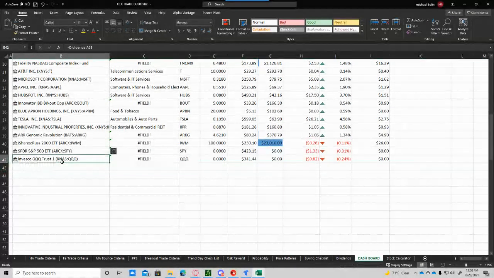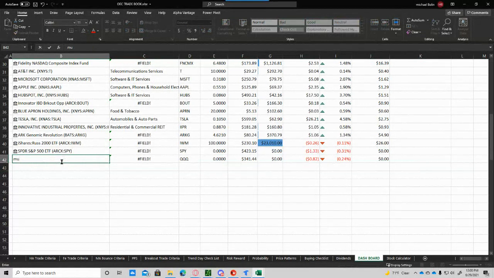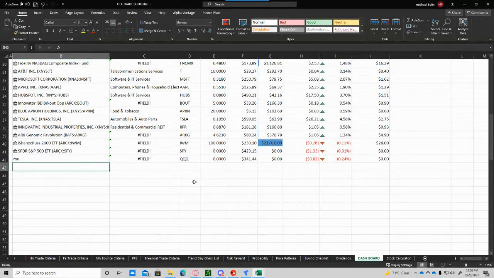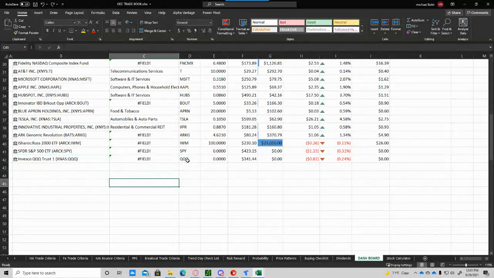But if I tell it I want to look at MU, it goes and gets the data from MU and aggregates. I think I'm in the wrong spot. There we go. Like that. So there's all kinds of tools now that you can use to aggregate data.